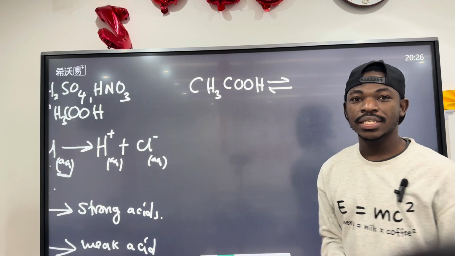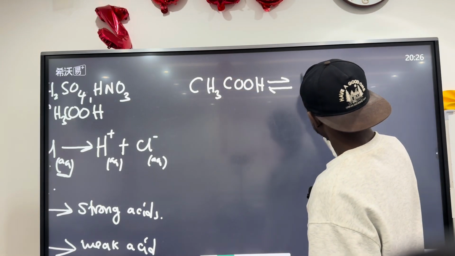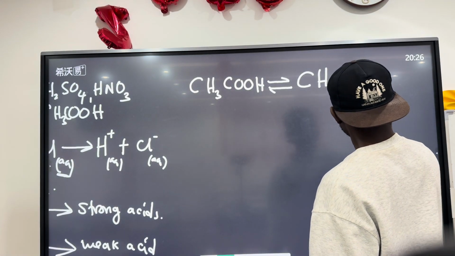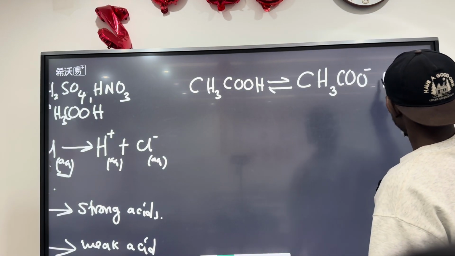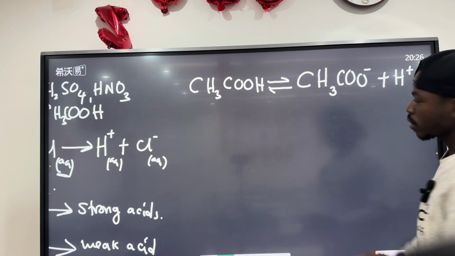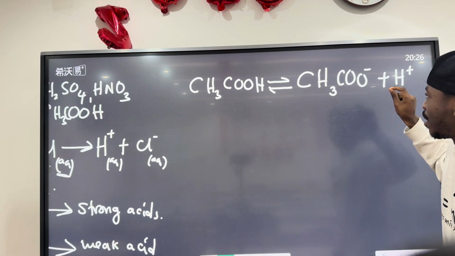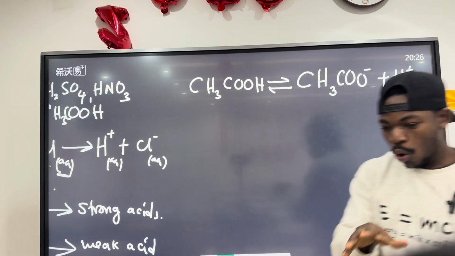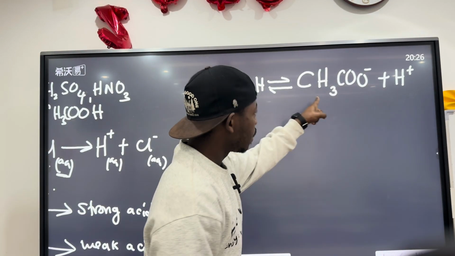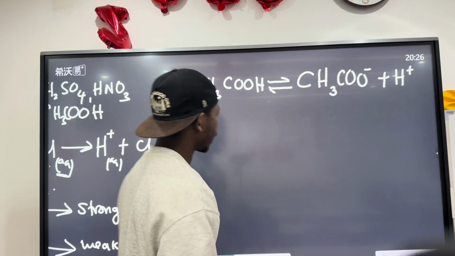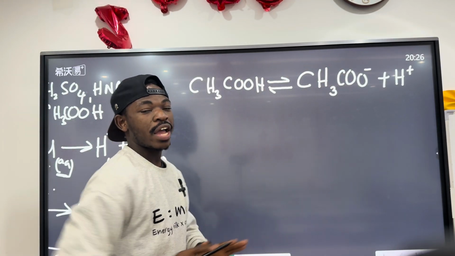So this ethanoic acid will partially ionize like this. Of course, it has released a proton, a hydrogen ion. It's an acid. But you can see that not all hydrogen ions have been released from this compound. So we call this partial ionization.